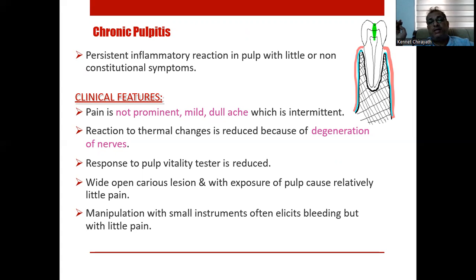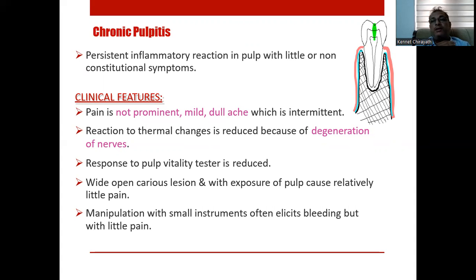The reaction to thermal changes is reduced because of degeneration of the nerves, and the response to the pulp vitality tester is reduced. A wide open caries lesion with exposure of the pulp causes relatively little pain, and manipulation with a small instrument elicits bleeding but little or no pain.